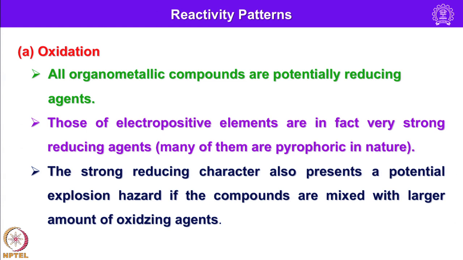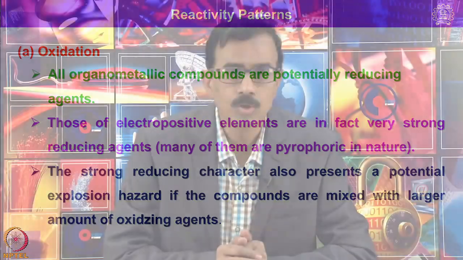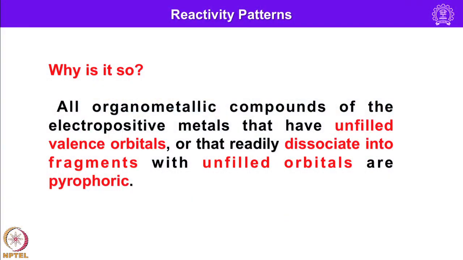The strong reducing character also presents a potential explosion hazard if the compounds are mixed with larger amounts of oxidizing agents. One has to be very careful and understand the nature of the reagents used in such reactions, so that any such explosion or any unwanted accidental reactions can be avoided. So, why are these compounds very reactive?